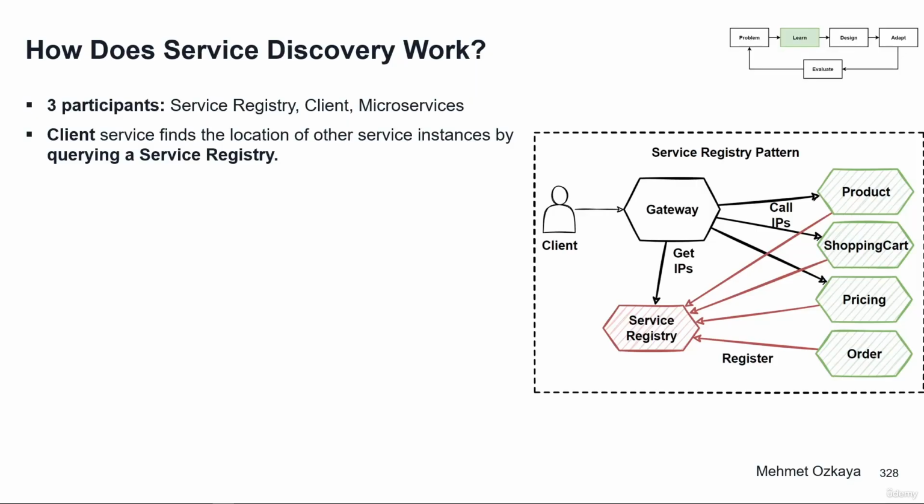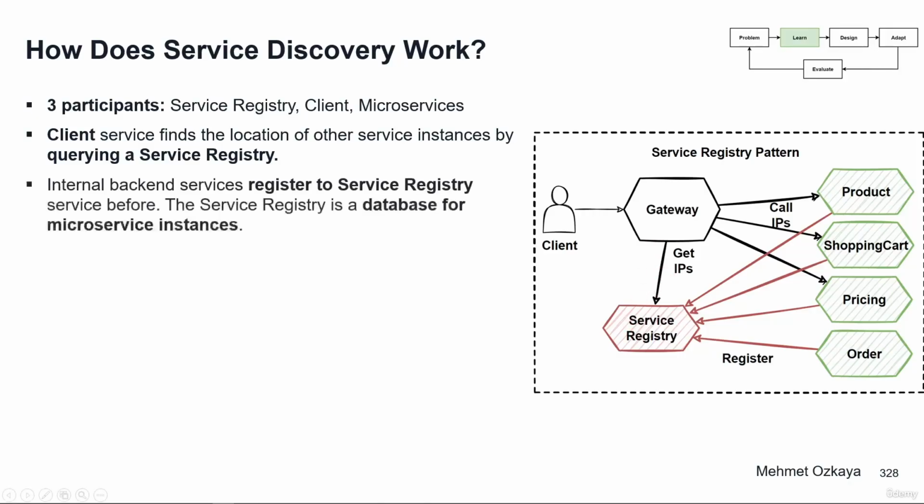The client service finds the location of other service instances by querying the service registry. You can say it gets the IP address. And of course, internal backend microservices should register with the service registry beforehand. You can see these red arrows. These microservices register with the service registry, and after that, once the client sends a request, the gateway gets the IP address from the centralized place, which is the service registry.